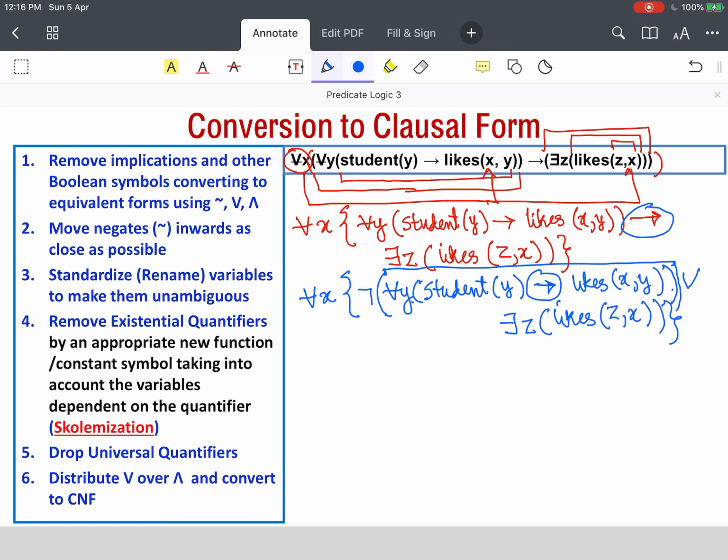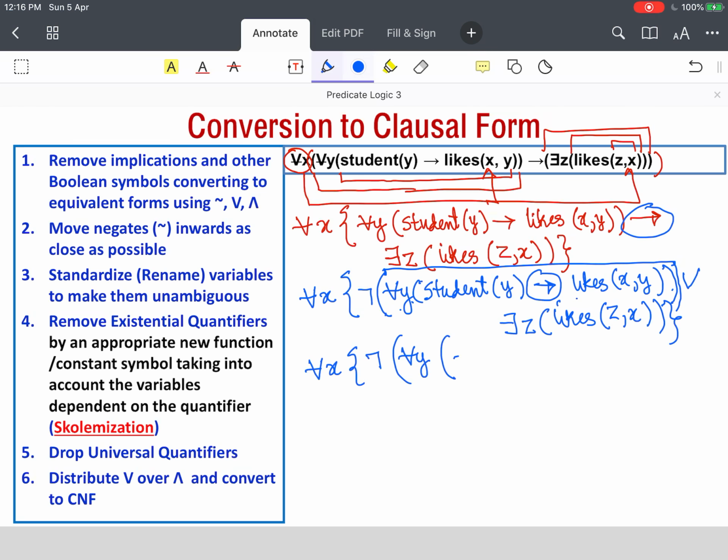The next thing we need to do is remove this not all. In order to remove this, which is student y or likes xy, we have for all x, not.